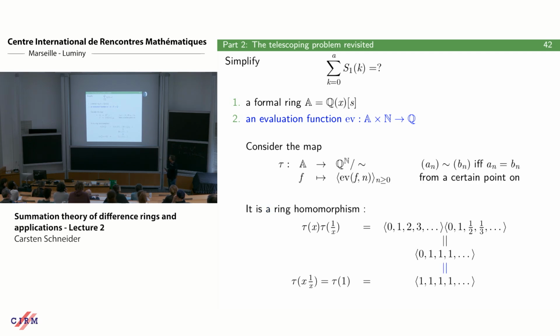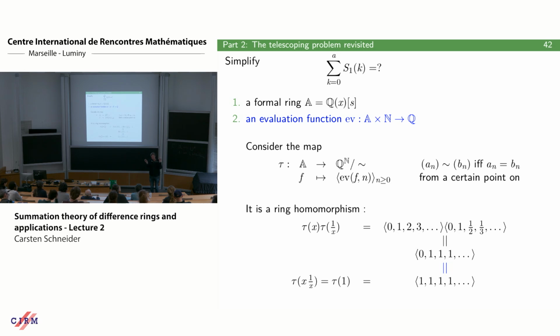I introduce now an equivalence relation. This is a common way how to do it with sequences. I say two sequences are equivalent if they agree from a certain point on. So there might be a chunk in the beginning coming from poles, finitely many, but from a certain point on they agree. Okay? This is an equivalence relation. You can factor it out, and then you see you get again a ring back. It's again with multiplication, addition, as you know.